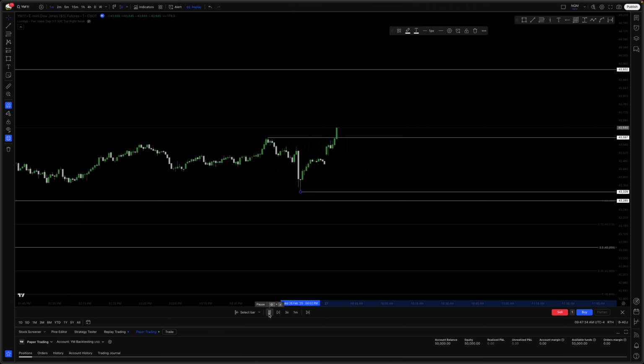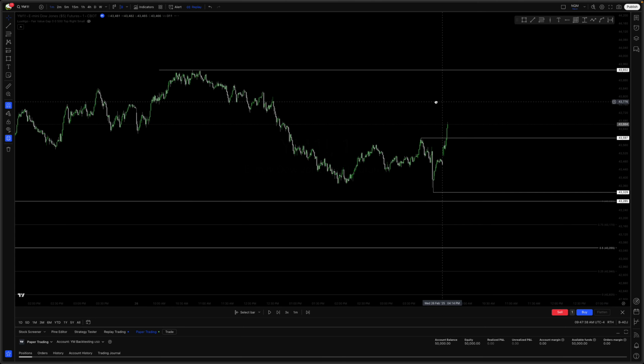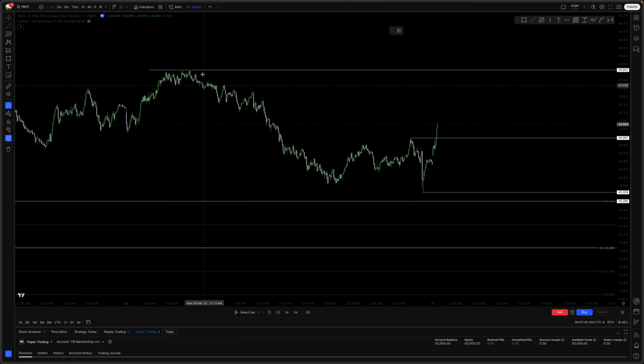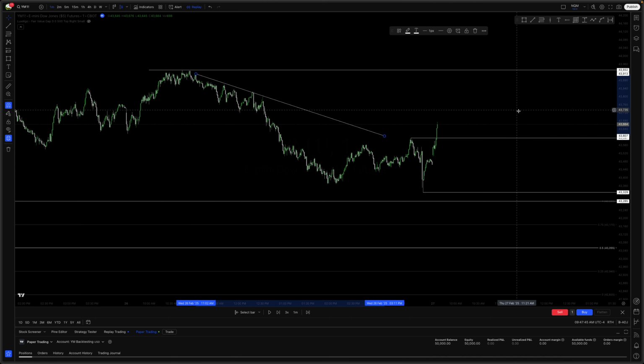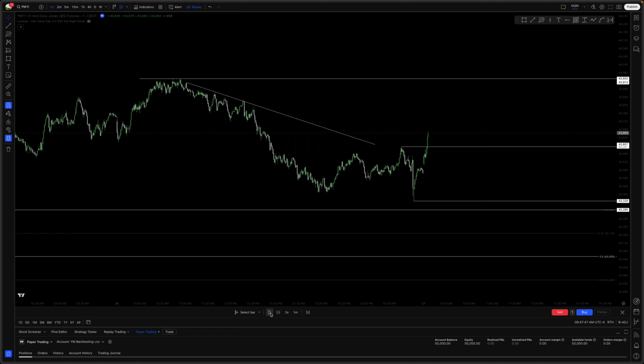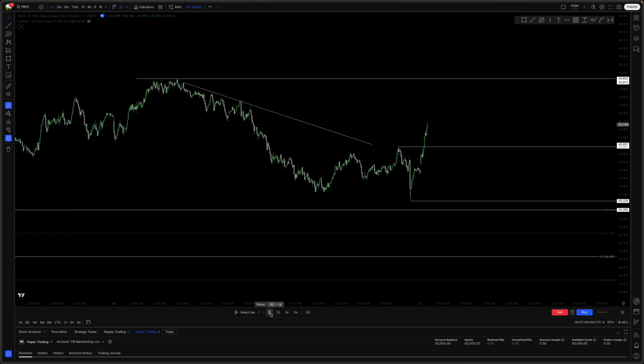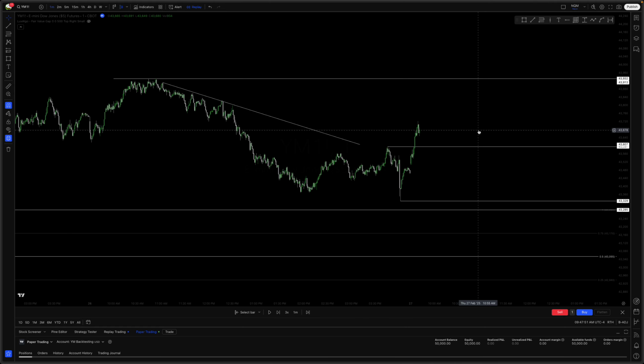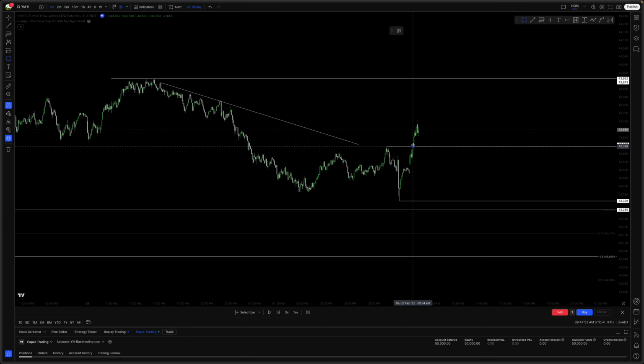Anyway, doesn't matter. Now I'm looking for longs, shorts, or trend on liquidity. If I see that we're going to keep going, I'm going to target these. I'm going to stop as soon as I find a nice, well, there's an IFVG right there. There's a bullish fair value gap.